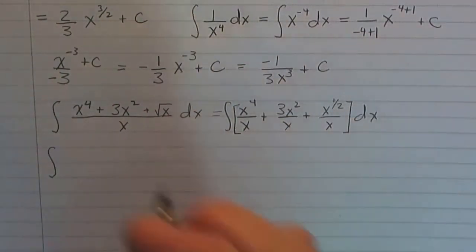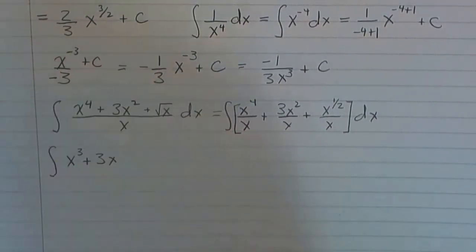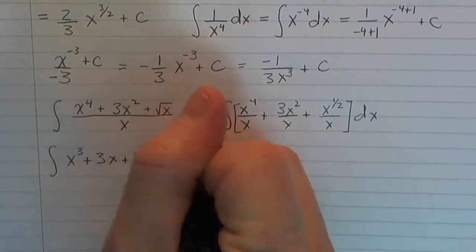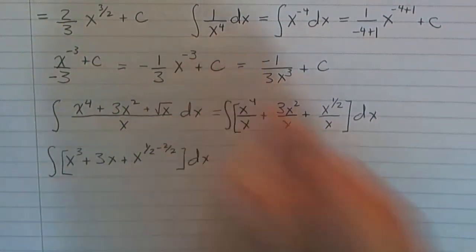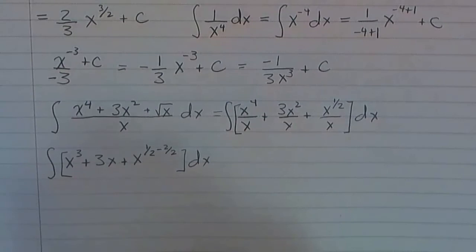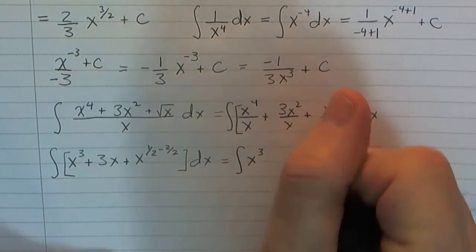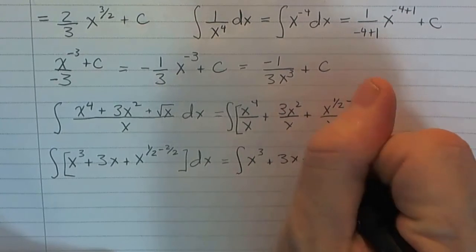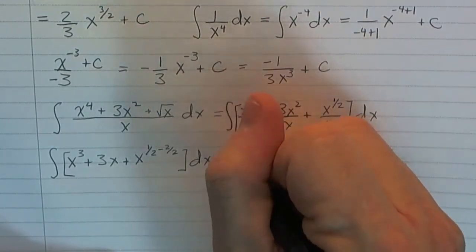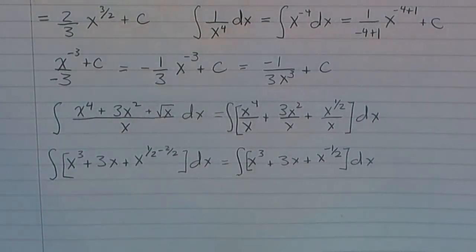So then we've got x cubed plus 3x plus x to the 1/2 minus 1. See, just doing a little bit of division there. Let's see what that gives us. This gives us x cubed plus 3x plus x to the -1/2. There, almost done with this one.